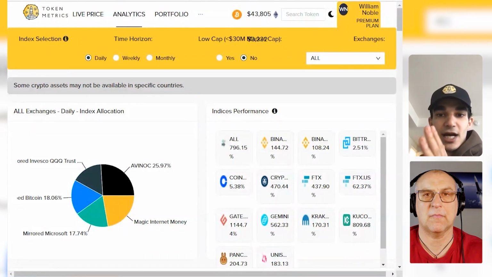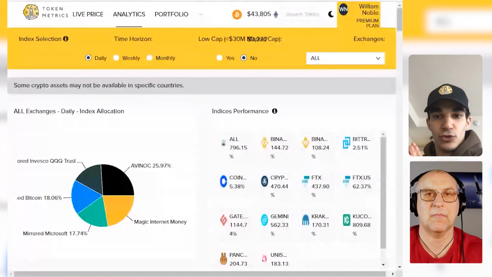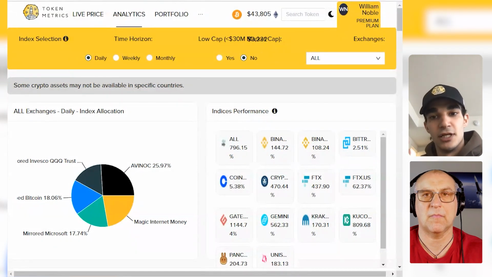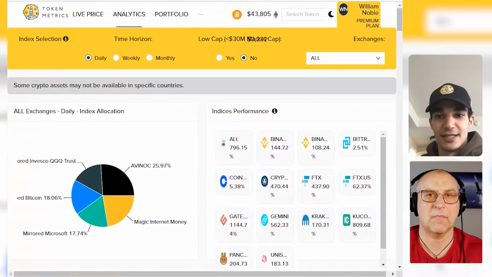For example, the Kraken index or the KuCoin index has been performing well. And based off of that, I see the allocation of the index. If the all exchange is very deep into high beta cryptos like Solana, Luna, and other altcoins, then I'll be aggressive in the index that I can trade.